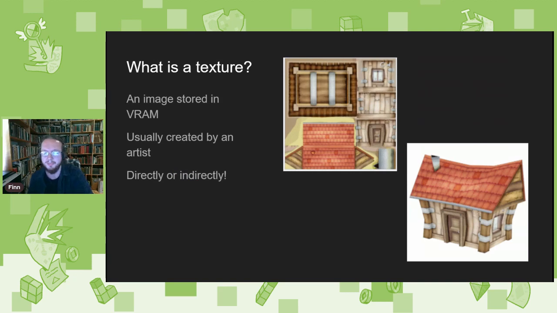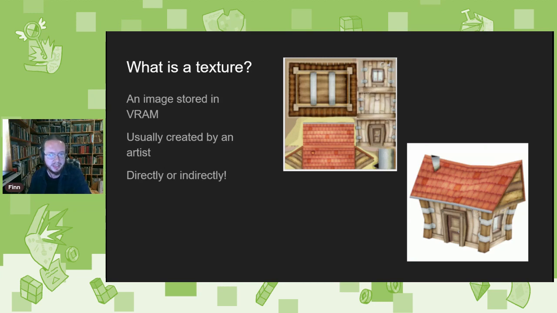So what is a texture? I kind of just feel obliged to have a slide with a name like what is a texture, but I'm not going to blow anyone's mind here. A texture's a picture, you already knew that. An image stored in VRAM is a slightly more pedantic way to describe it. And it can be used for texture mapping if you carefully vary your UV lookups when you do your texture lookups.